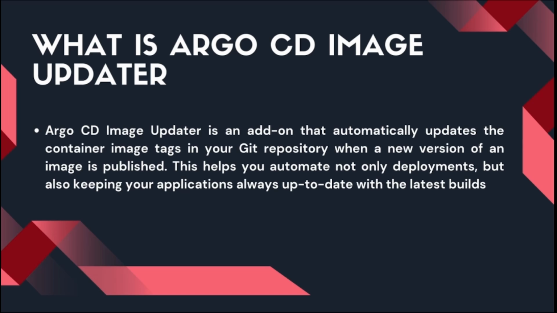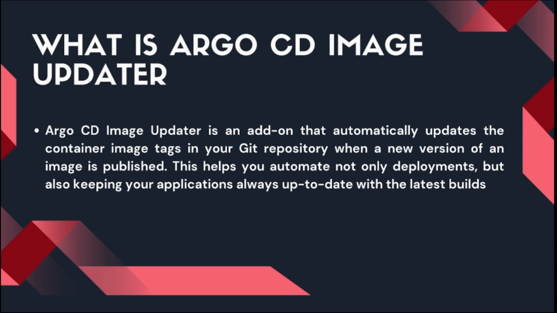So what exactly happens? Image Updater watches your container registry. Let's say you are using Azure Container Registry, so it will continuously watch your container registry. It detects when a new image version is available. Let's say currently your container registry has 1.0.0, and someone pushes a new version called v1.1.0.